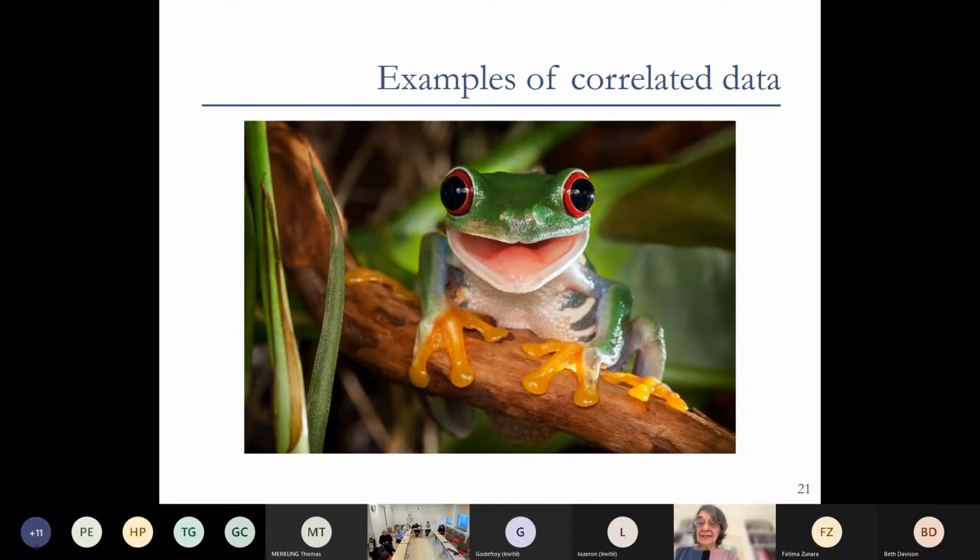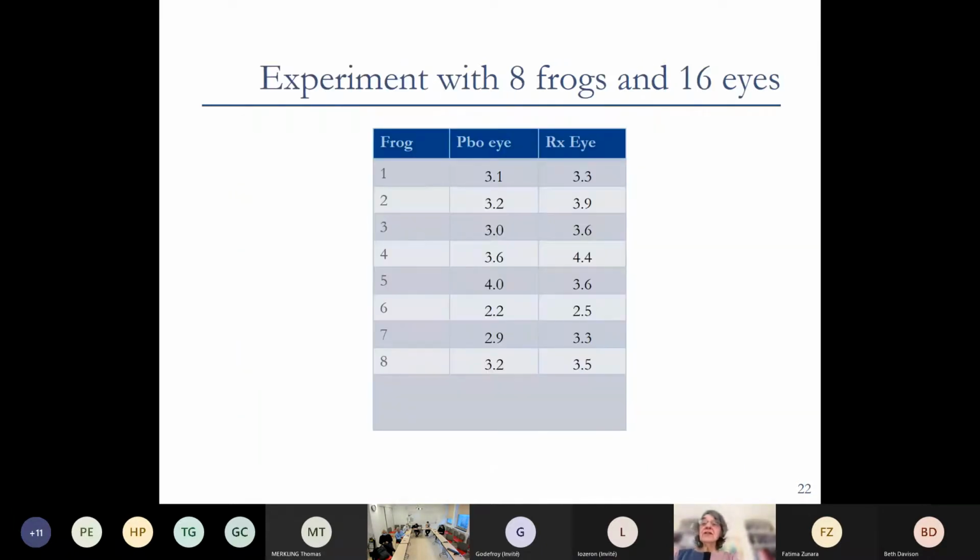Next slide, please. So here is an experiment with 8 frogs and 16 eyes, each frog having 2 eyes. The experiment works like this: each frog is taken and there are 2 treatments, a placebo and a treatment, and the treatment is randomly assigned to one of the eyes.